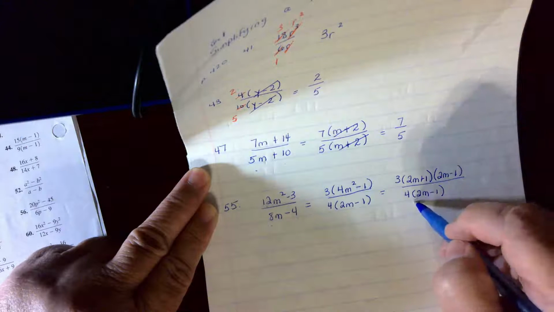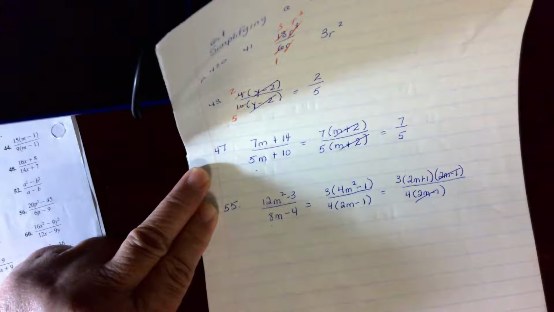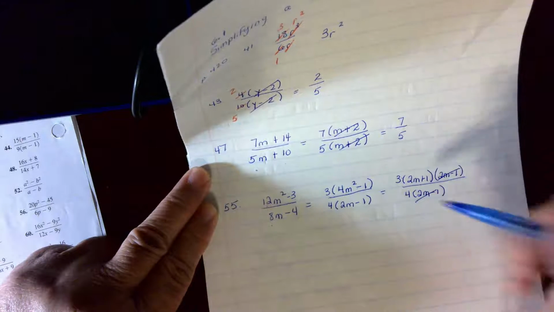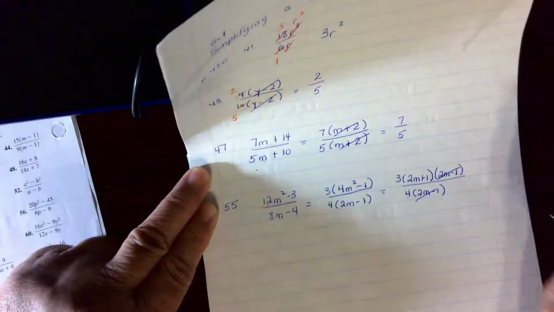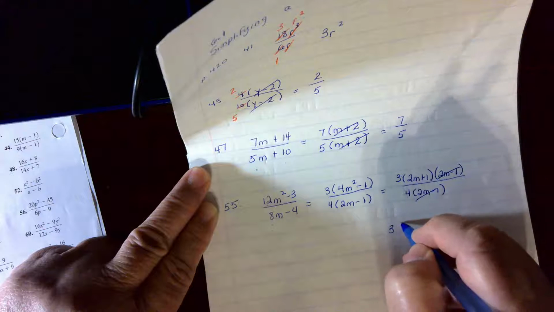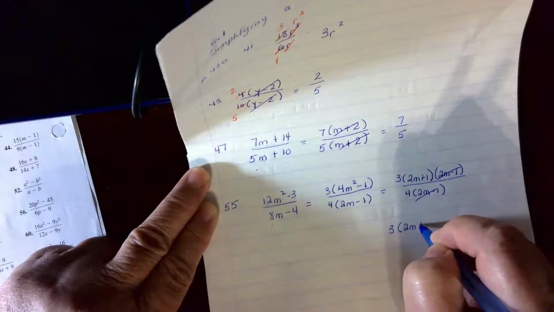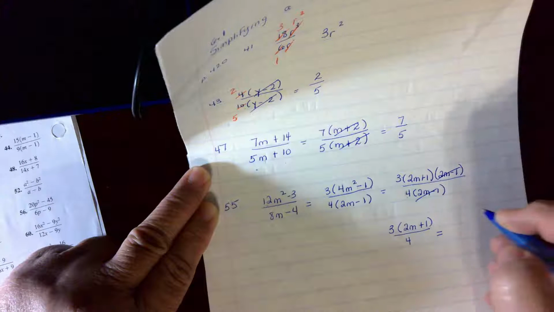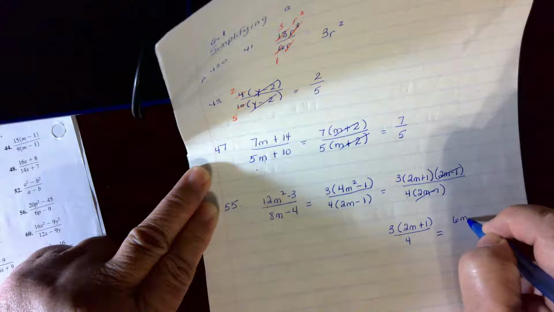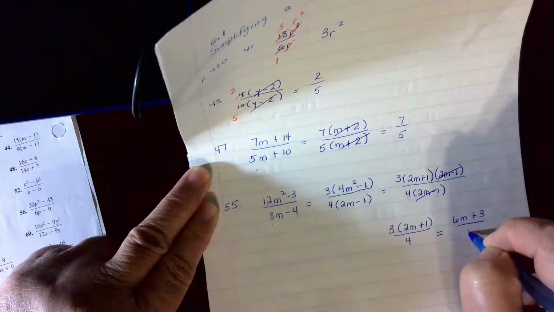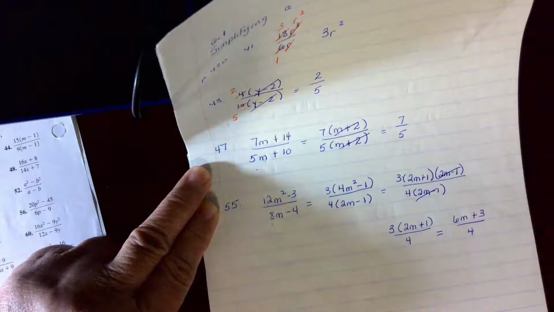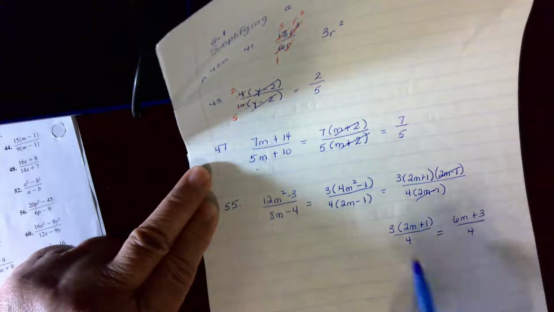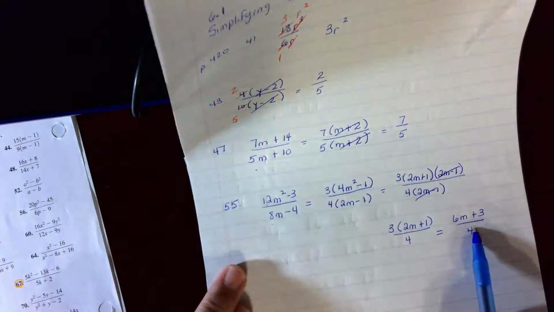Now I can divide 2m minus 1 out. Nothing will divide into 3 and 4. So I can leave my answer as this in factored form. Or if you want to distribute that 3, you could write your answer like that as your final answer. Either way would be acceptable.